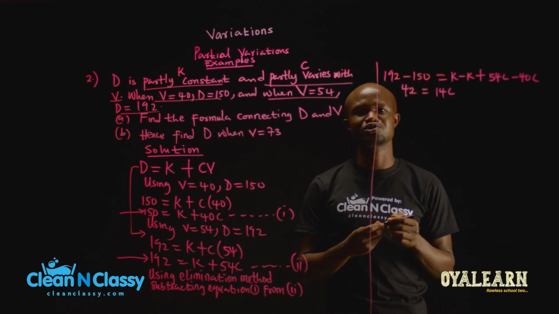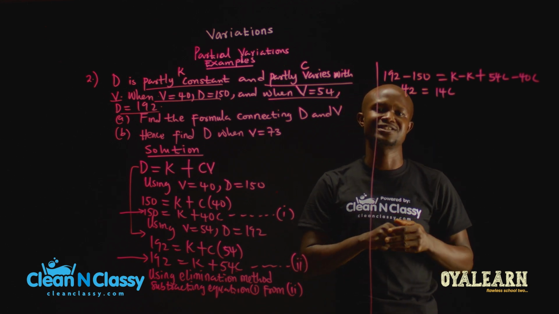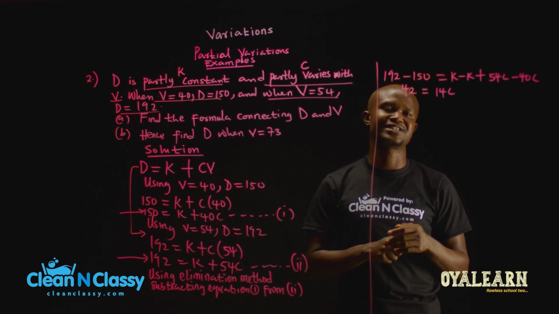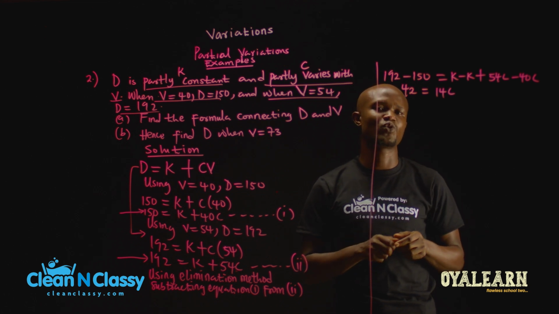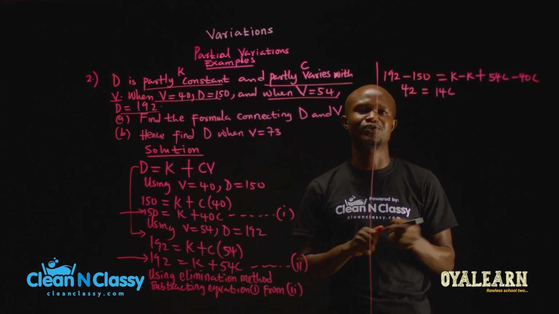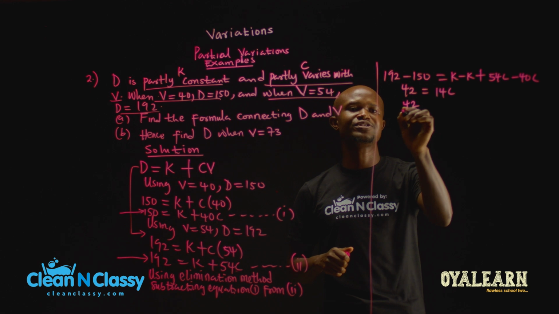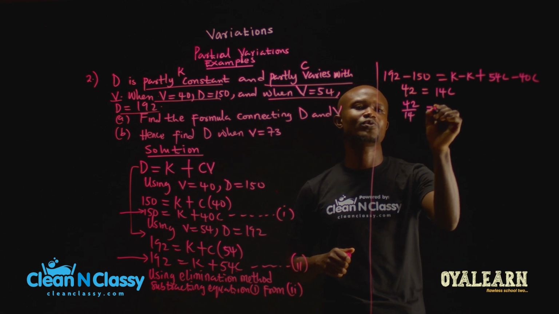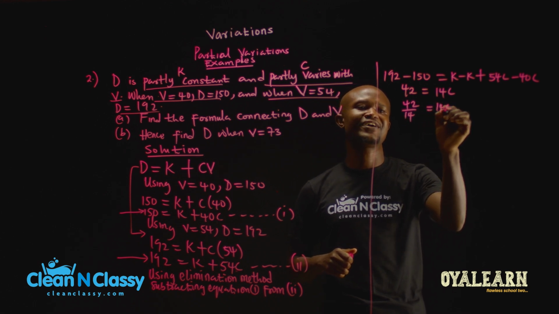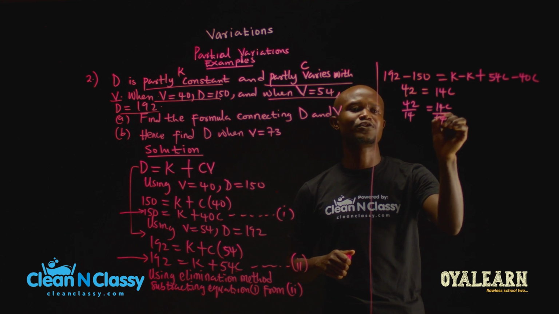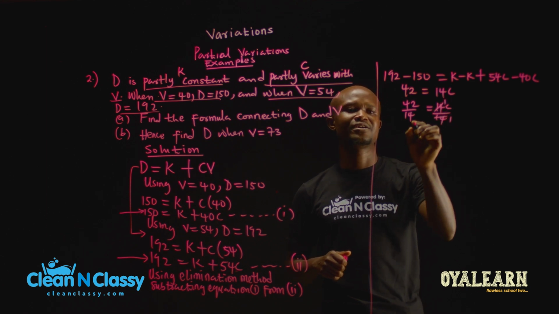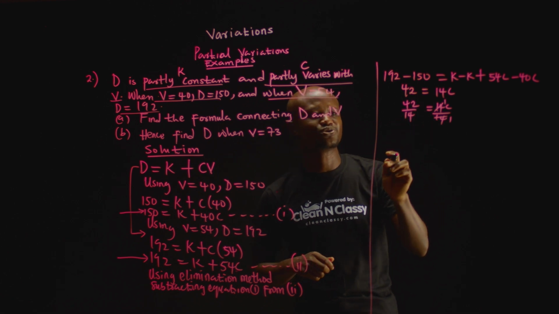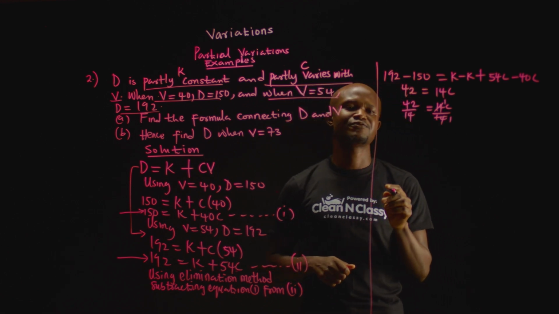So the next thing for us to do is to find the value of C. How do we find the value of C? We divide both sides by the coefficient of C, which is 14. 42 divided by 14 is equal to 14C divided by 14. What is 42 divided by 14?